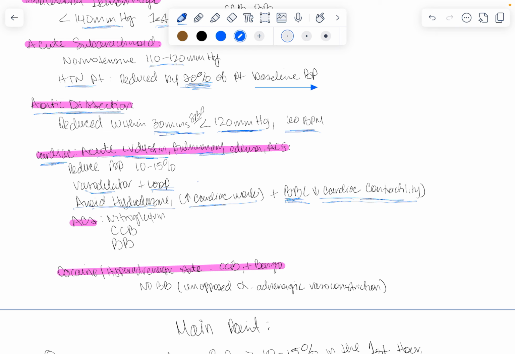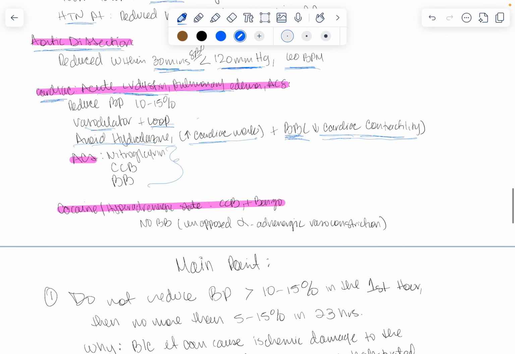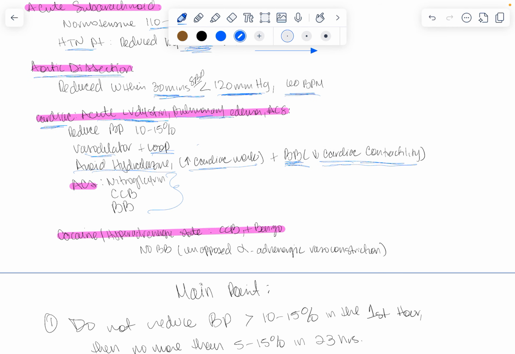Now, however, let's say they have ACS, right? ACS meaning a heart attack, myocardial infarction, okay? And STEMI, you do want to use nitroglycerin, you do want to use a calcium channel blocker, and you do want to use a beta blocker, okay? Now, let's say a patient comes in with hypertensive emergency due to cocaine or some hyperadrenergic state.